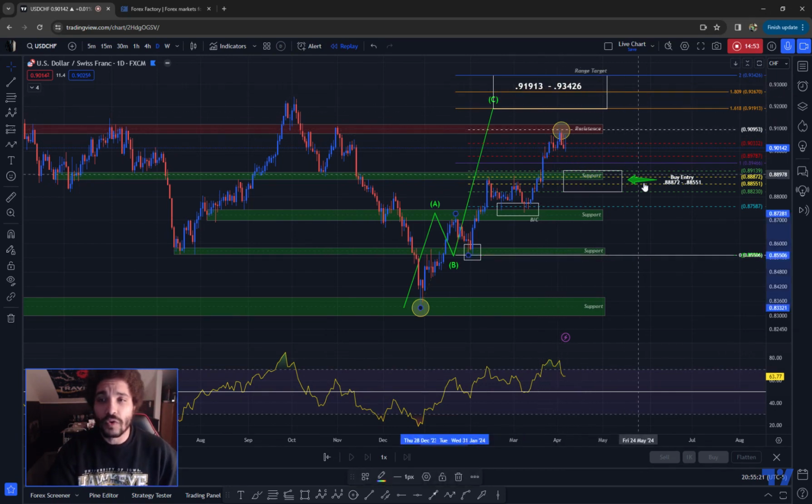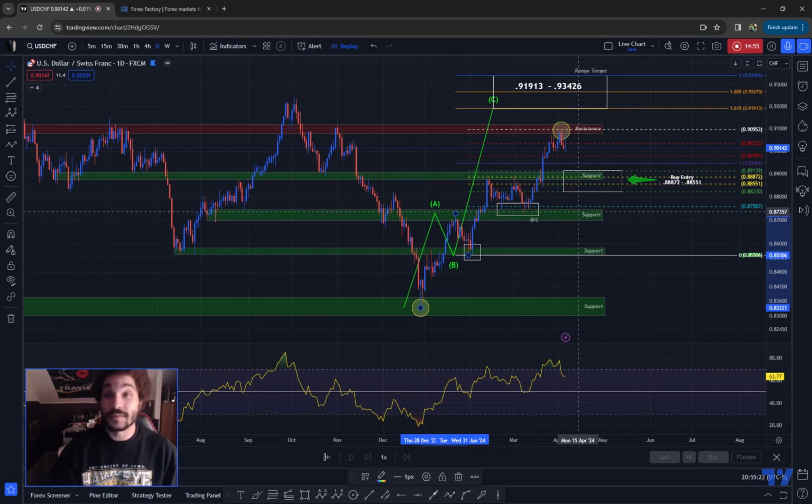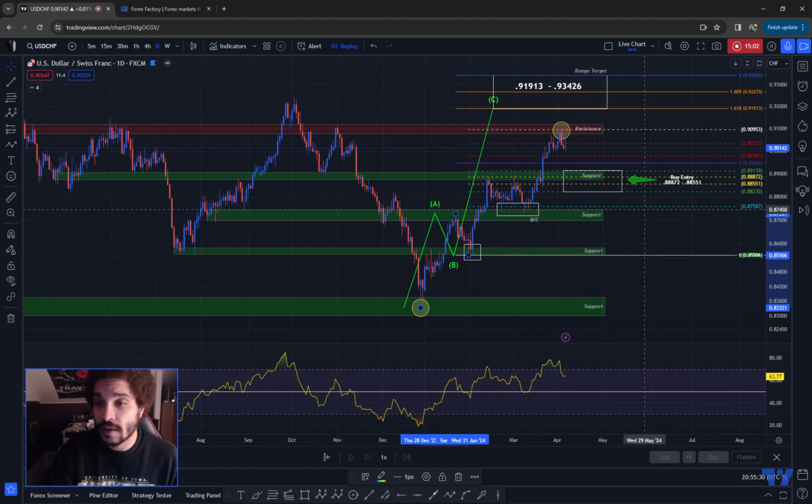After that, we will possibly be looking for some sort of opposite wave pattern for the Elliott wave.